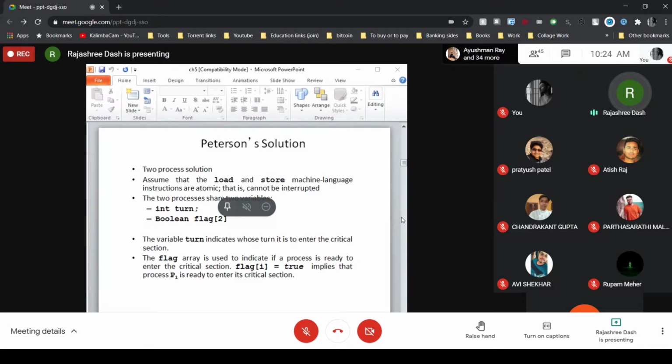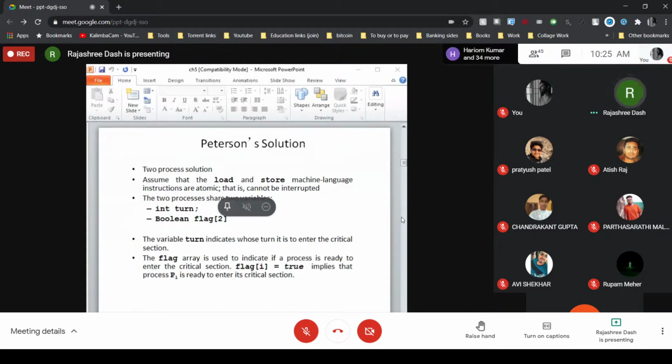The variable turn indicates whose turn it is to enter the critical section. The flag array is used to indicate if a process is ready to enter its critical section.